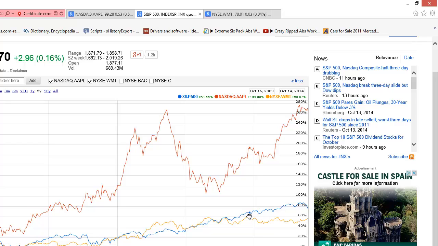Okay. Now, where can we find some measure of systematic risk? How can we find how much the market affects a firm, which is the systematic risk? Google Finance may give you some information over here.